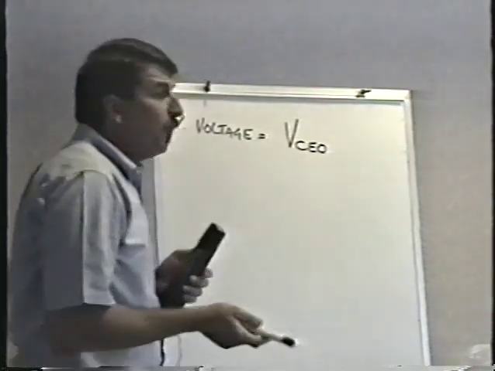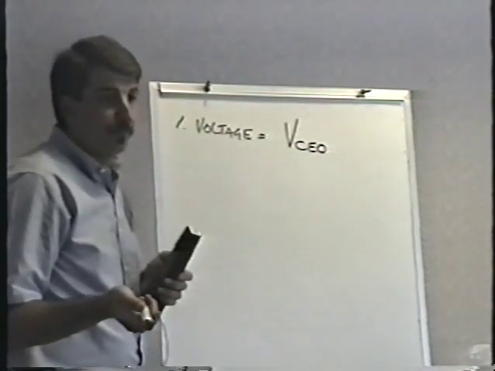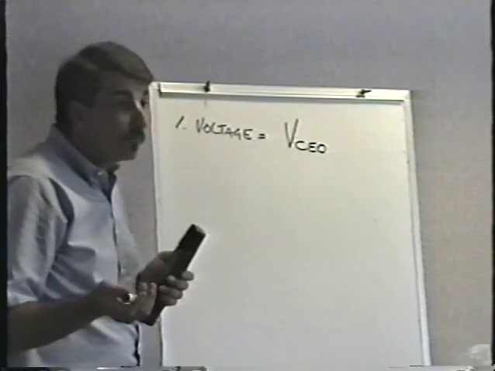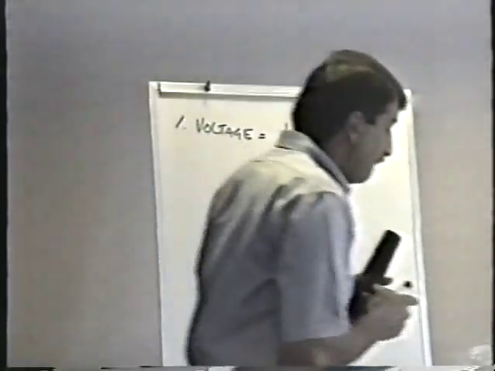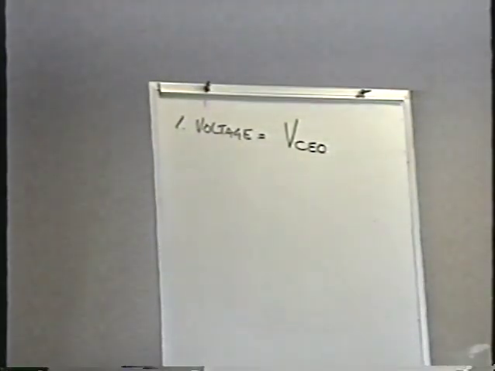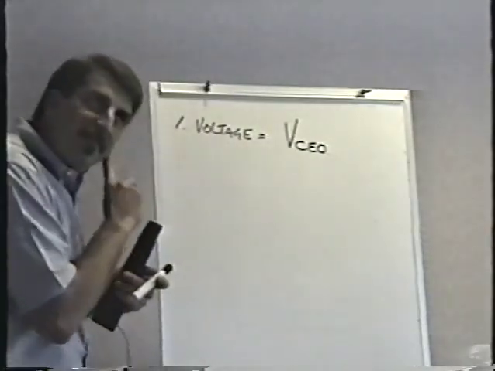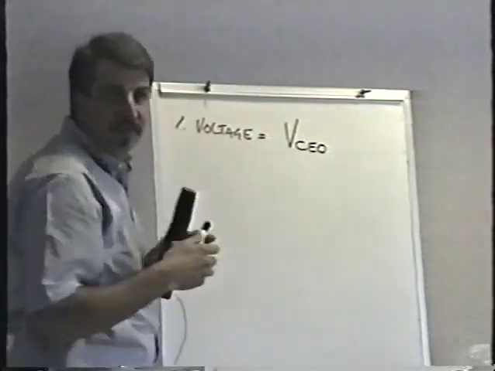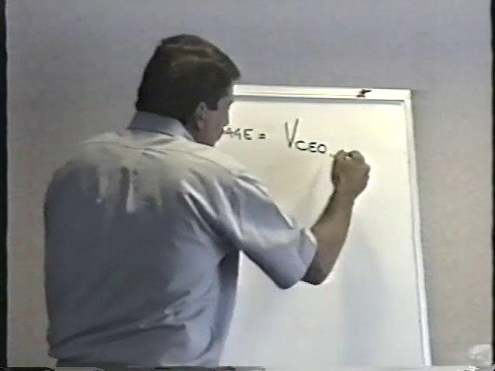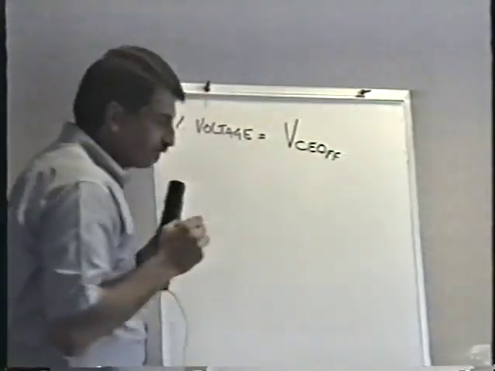Well, if the base is open, is the transistor on or off? Off, right? Good, Mel. If the base is open, the transistor's turned off. So you can think of that O as meaning off.